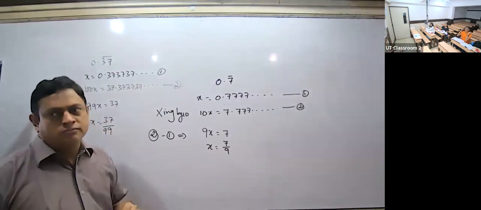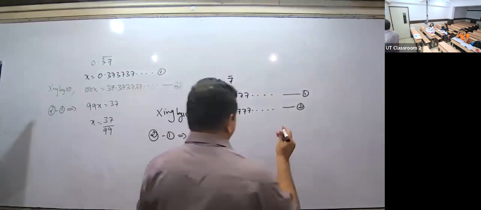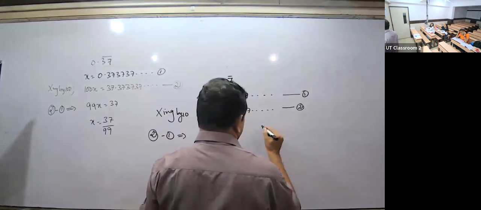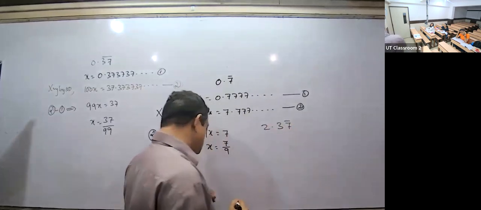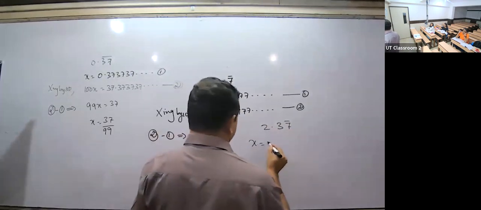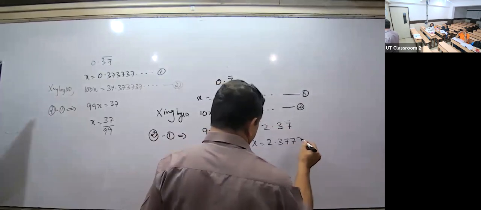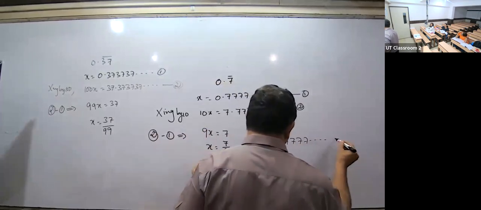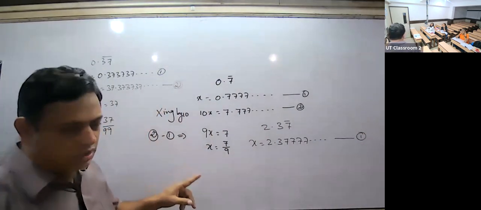Third time I am going to show. What does it mean? x is equal to 2.3777. Only 7 is repeating, isn't it? Okay, look here, this is an additional one.